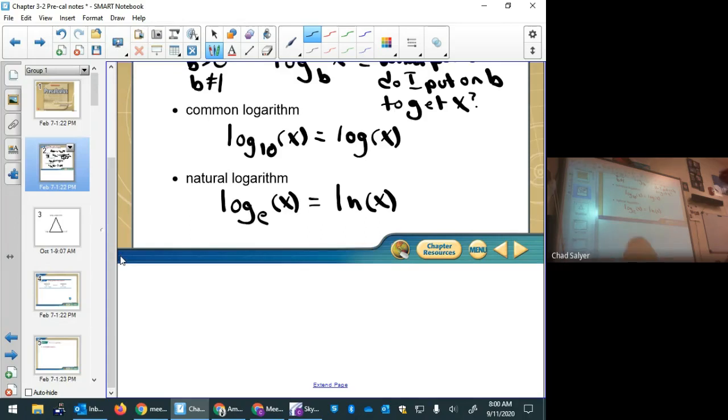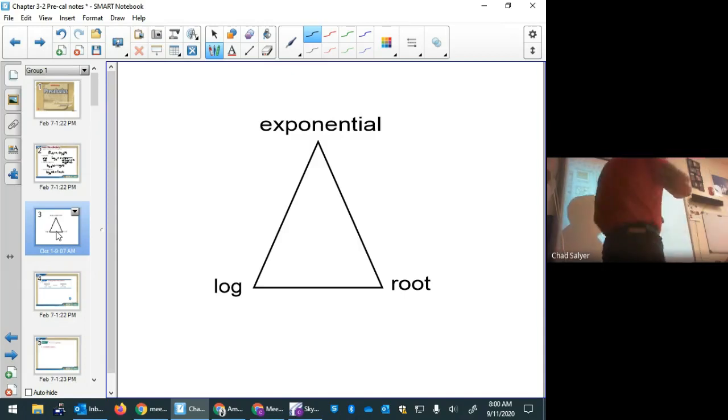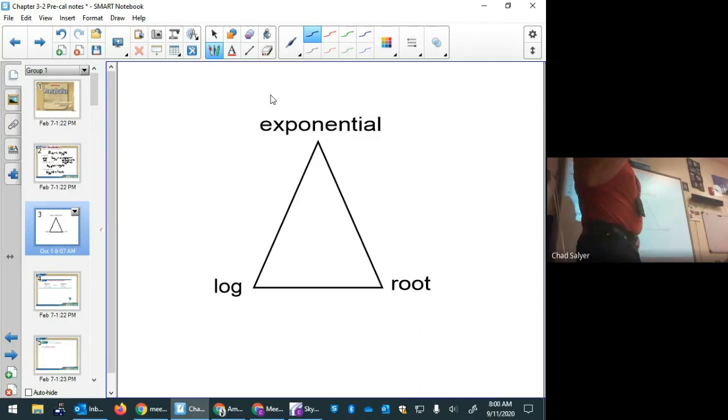Okay. Let's talk about why we would want to use it. So you've learned about exponentials and roots, and you've probably observed the relationship between those two things. So if I take something fairly obscure, let's say 2 to the 4th power equals 64. No, 2 to the 4th power equals 16, sorry.